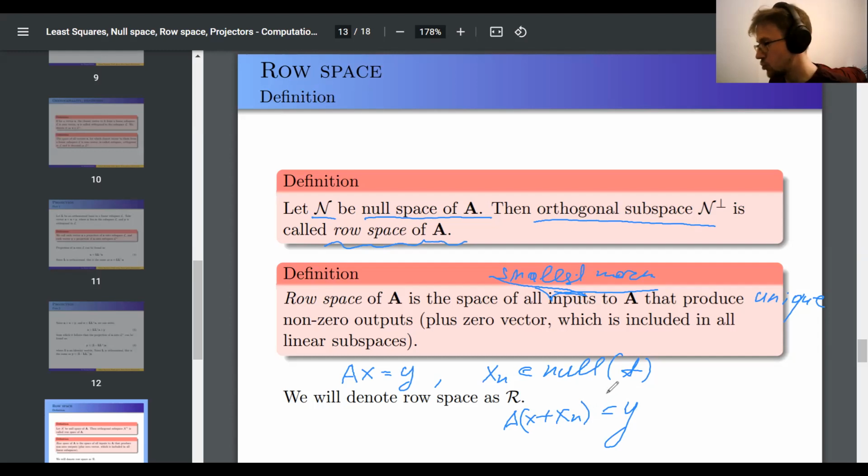But that cannot be true. Why? Because X plus Xn is not orthogonal to Xn. It has to be orthogonal to Xn because it is an element of the orthogonal subspace. Why is it not orthogonal? Well, what is Xn? Xn is an element of the null space of A. Let me write it on the clean board so we'll get a better idea.